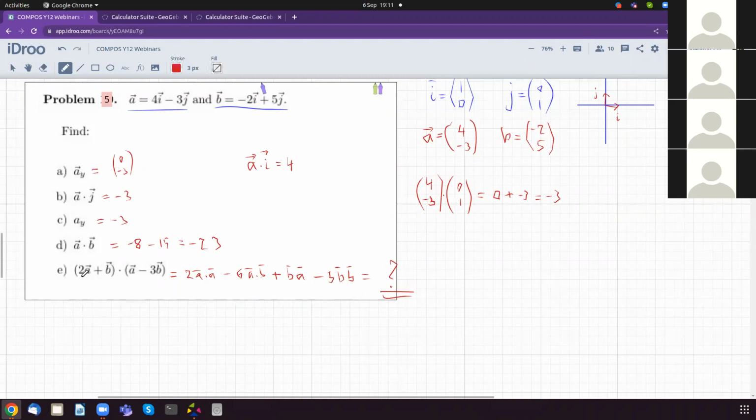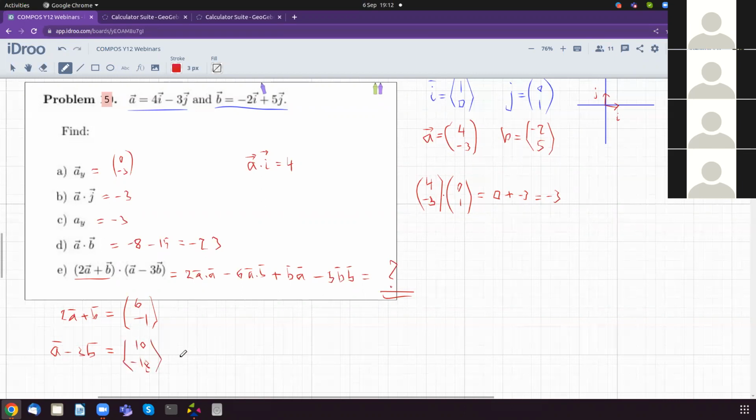Rather than calculating all of these, I'm going to find 2A plus B. 2A plus B is 8 minus 2, so it's 6, and minus 6 plus 5, minus 1. And then A minus 3B, so 4 plus 6 is 10, minus 3 minus 15 is minus 18.